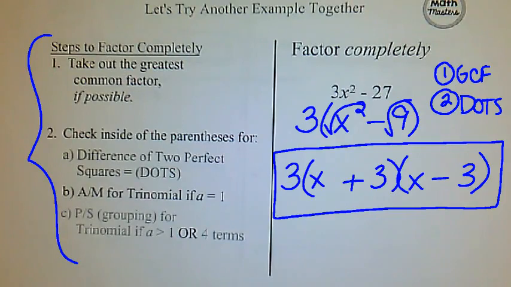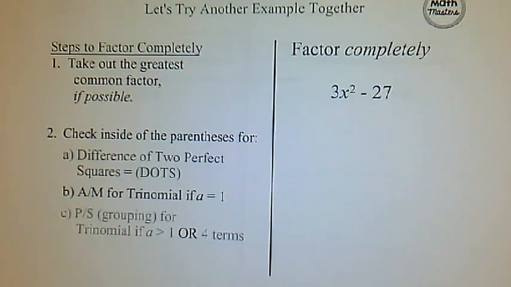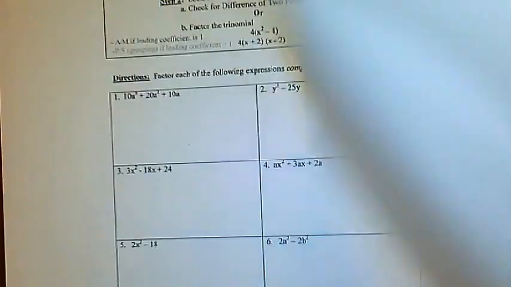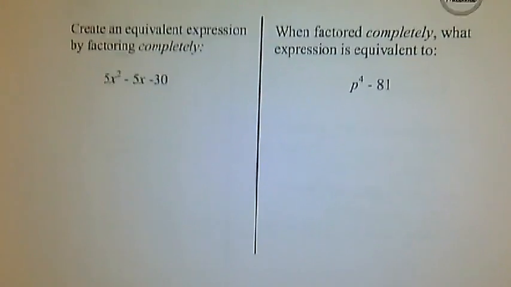And most of the time, the second step after you take a GCF out, I would definitely be looking for a difference of two perfect squares. Because if it says factor completely and you leave it like that, it is not correct.